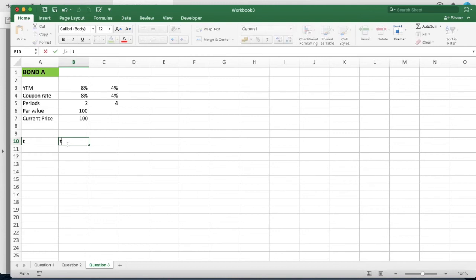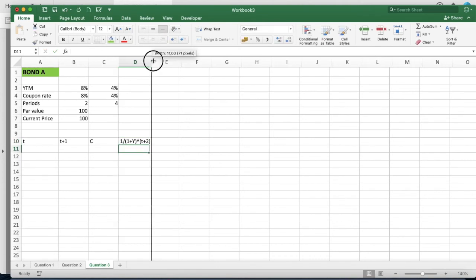Then you have the T plus 1. Then you have the coupon, then 1 divided by 1 plus y power, not just t this time, but t plus 2.